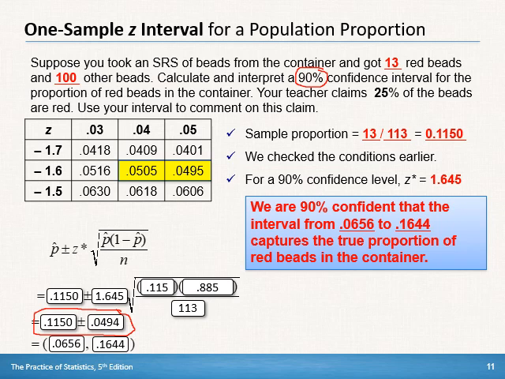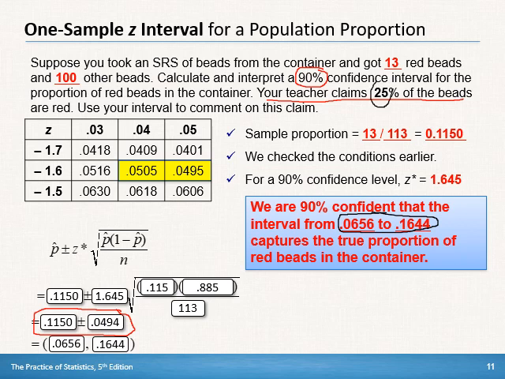Now, let's go back to the statement up above that says your teacher claims that 25% of the beads are red. So does our result support that? If we look at our result, we got a confidence interval between about 6.5% and 16.5%. If we round it to whole numbers, 7 to 16%.